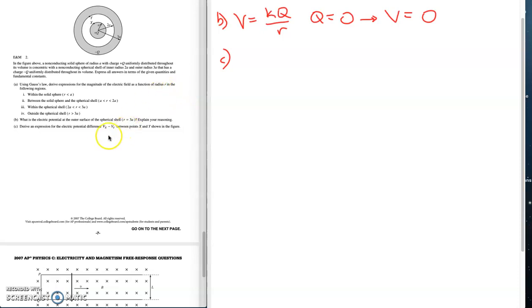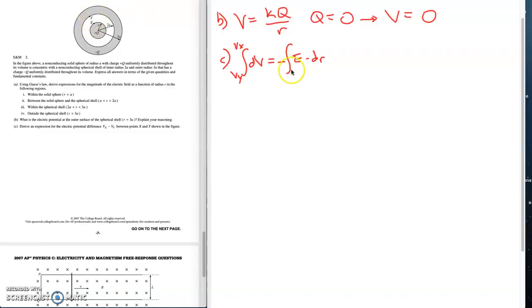For part C, we want to have the electric potential difference Vx minus Vy. So what we want is the integral of dV, and it makes sense for us to use the integral of E dot dr. Don't forget the minus sign, that's part of the equation. And we want to start on y and end at x.